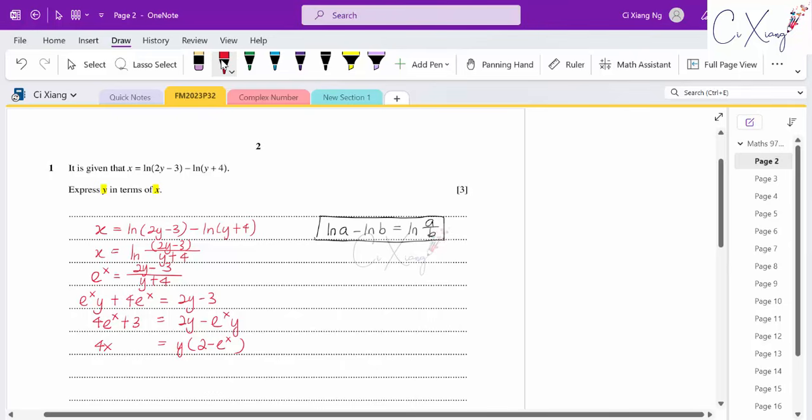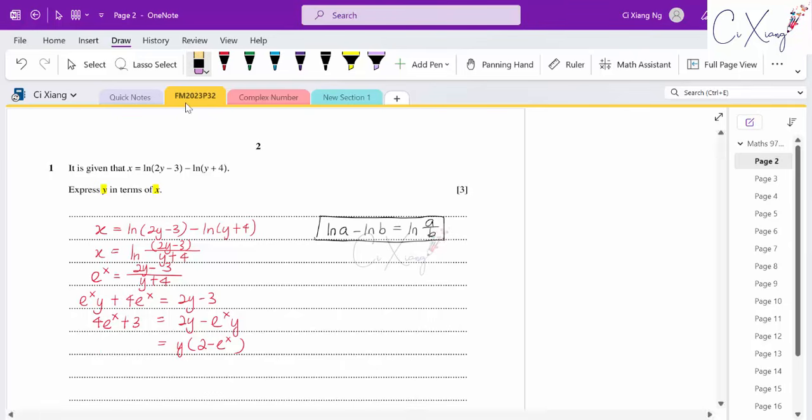So from here, you can see that when y is grouped or gathered on one side, it is very easy to factorize it out, and after that, you can bring everything over so that you get the equation where we have y in terms of x. So this can be the answer, y in terms of x.